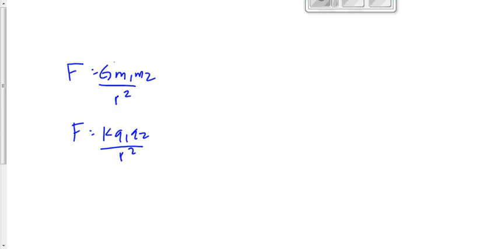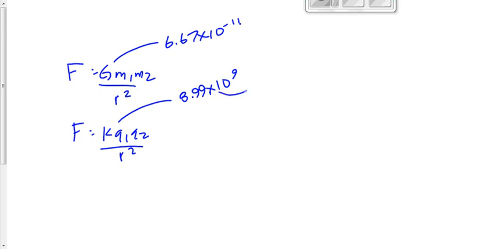This value was 6.67 times 10 to the minus 11. This value was 8.99 times 10 to the 9. Tell me now which force is a bigger force. All other things being equal, this is going to be a way bigger force, right? 10 to the 20 times bigger, because that constant is so much bigger.